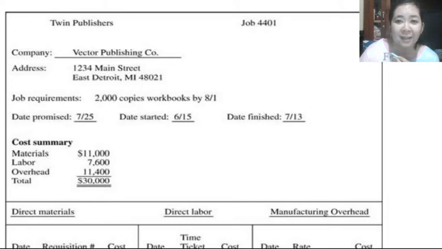They want these items by 8/1, or that's August 1, I think. The date promised is to be delivered on July 25, and they started the work on June 15. They finished it ahead of time, actually, on July 13.